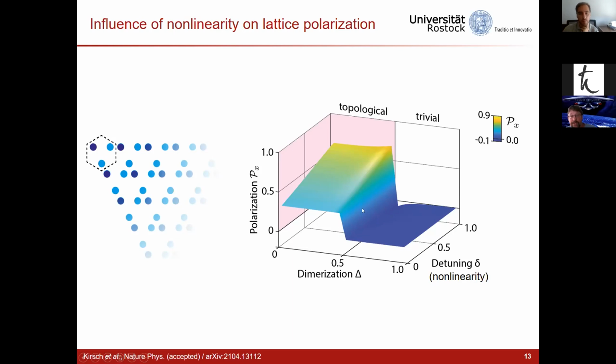So here you are in the topologically non-trivial regime. It really means even for the strong detunings, you can characterize the system with a topological quantity: for dimerizations less than 0.5 it's topological, and for dimerizations above 0.5 it's non-topological. So it's really a nonlinear higher order or second-order topological insulator.